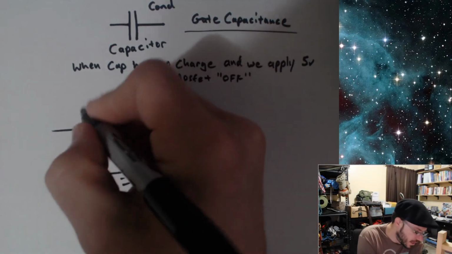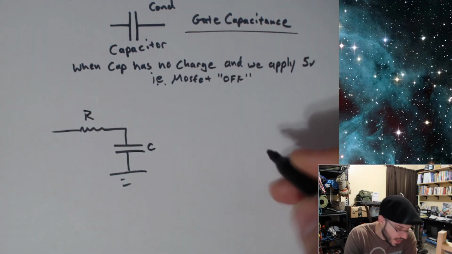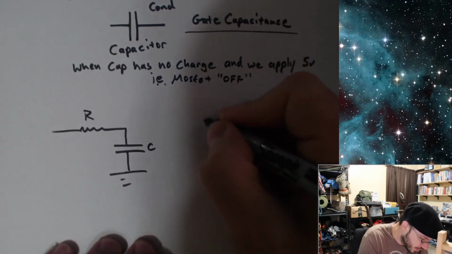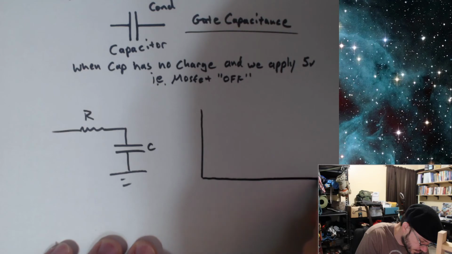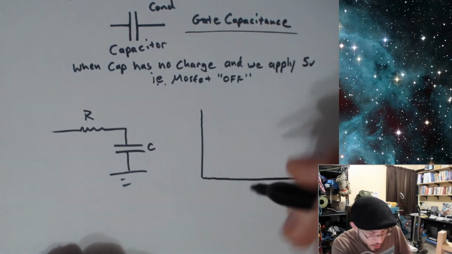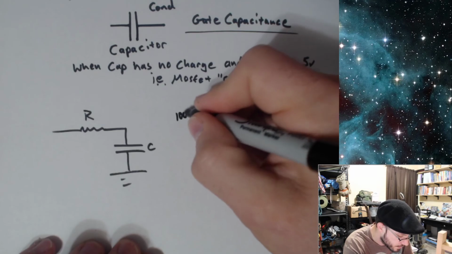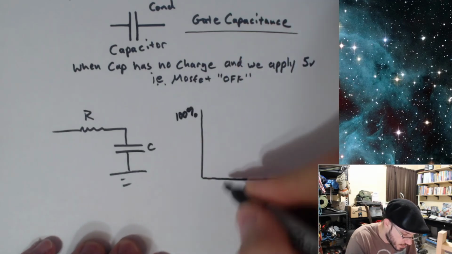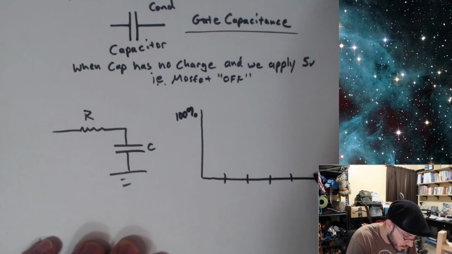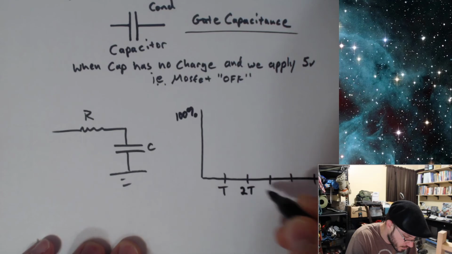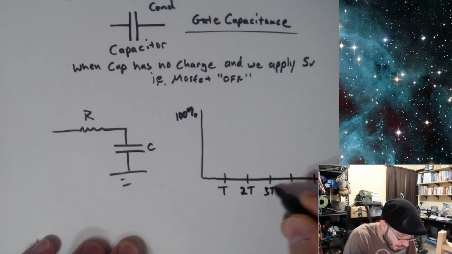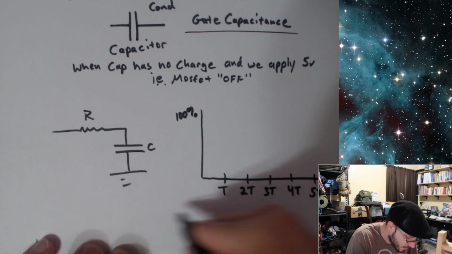If we have an RC circuit over here, and you graph that percentage of max value against the time constant, for this simple example the time constant is RC.